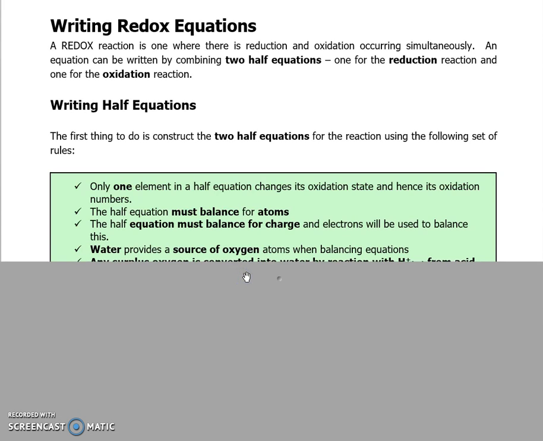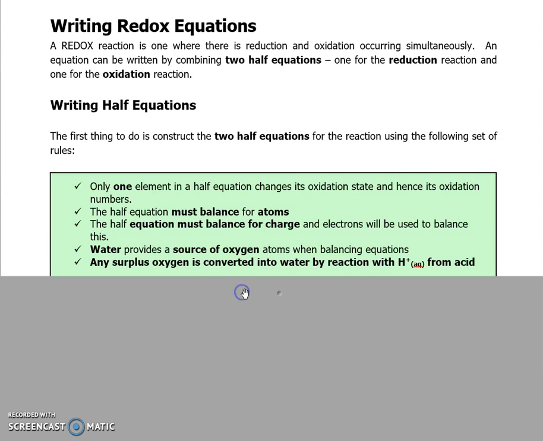If we've got an uneven number of oxygens in our equation, we can balance that using water as a source of oxygen, and any surplus oxygen is converted into water by reaction with H+ from acid.